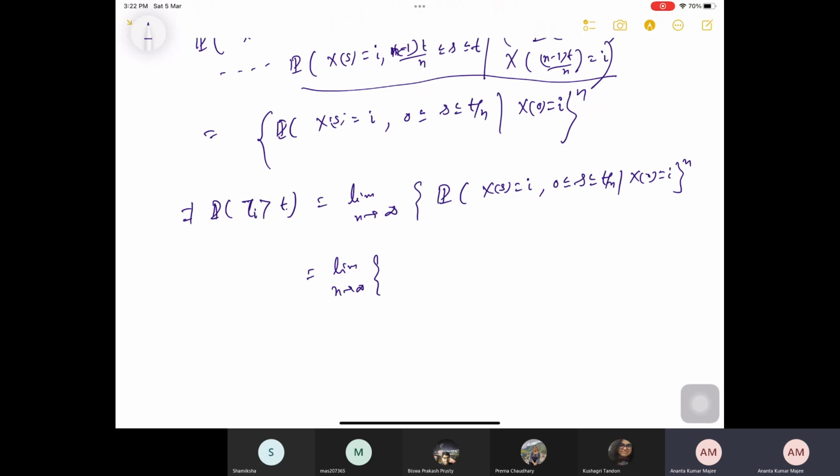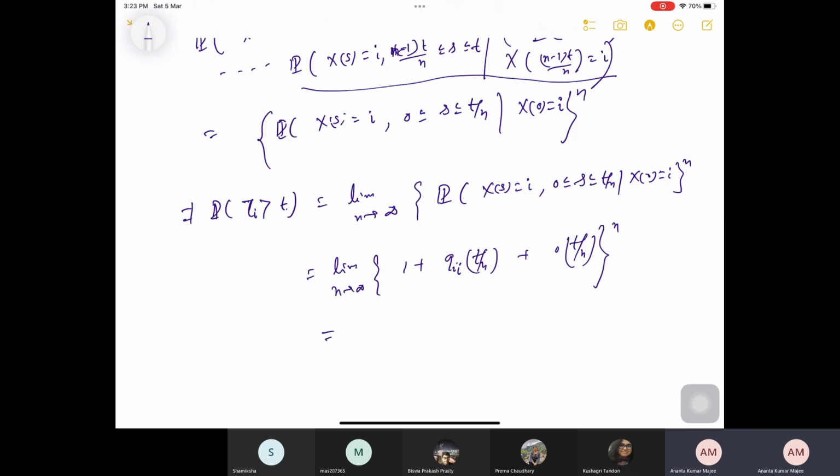So you can think of this as P_ii, and what I know is that P_ii is 1 plus q_ii times the infinitesimal time h. In this case h is t by n, plus small o of t by n, the whole to the power n.